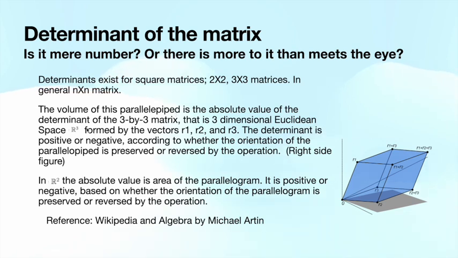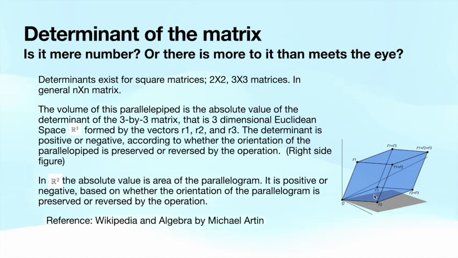So determinants exist, it is like the volume of a parallelepiped when we take a 3x3 matrix. Here on the right there is an illustration. There are three vectors, r1, r2 and r3.